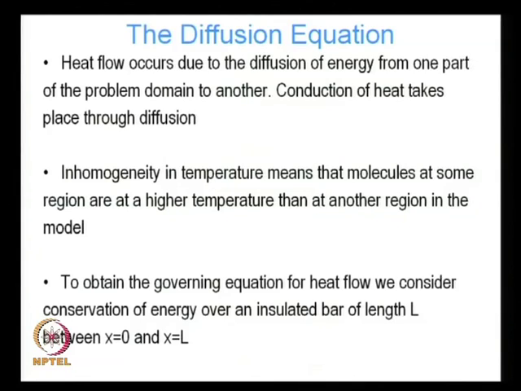Basically what we want to do is to obtain the governing equation of heat flow. What is the equation which tells me how the temperature is going to vary across a domain, at the boundaries of which suppose I have a certain heat flux, or I prescribe a certain temperature?